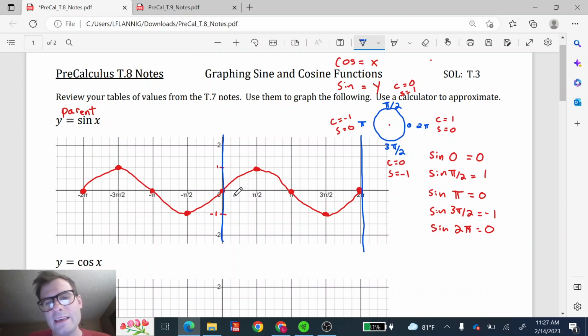All the parts, if you broke this up into infinite amounts of these positions, are going to keep going on the same throughout however high we go on the x-axis. And it's never going to go above 1 and never going to go below -1 for a parent function.